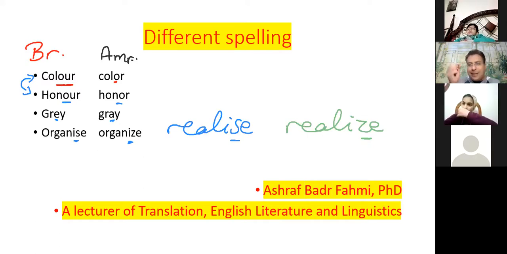And it's a slightly different, not a big difference, but we have a slight difference in spelling between British and American. So it's number 3, or the third difference today, the different spelling between American and British accents.